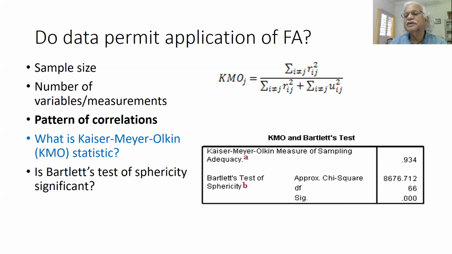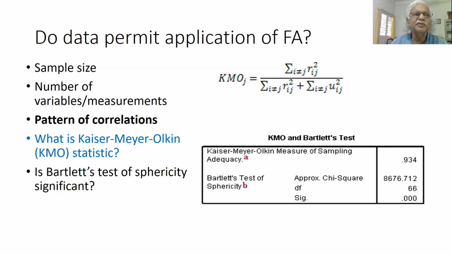Because if variables do not correlate among themselves, then it means each variable is a factor. Each variable must be considered independently. And second issue is that there should not be perfect correlation.